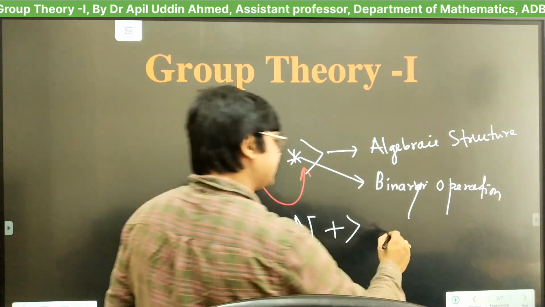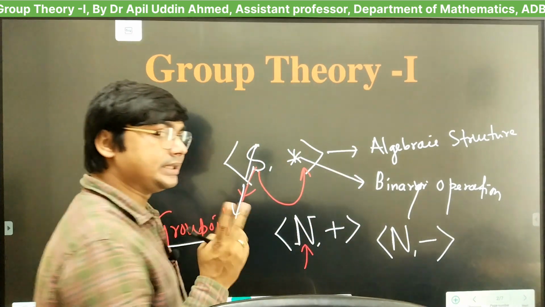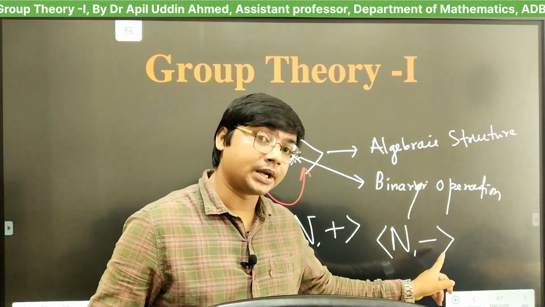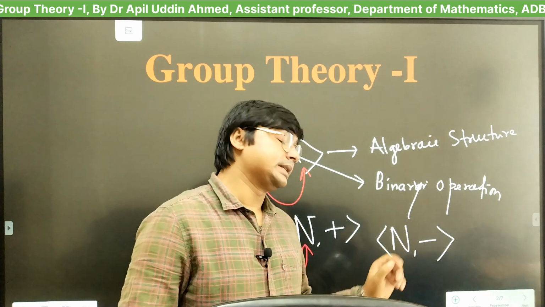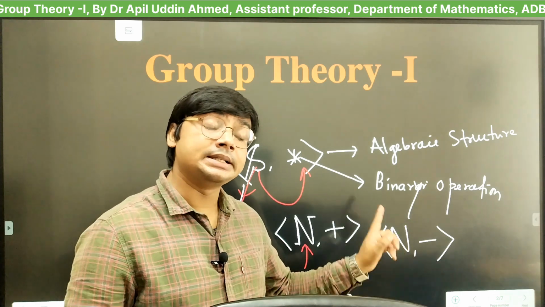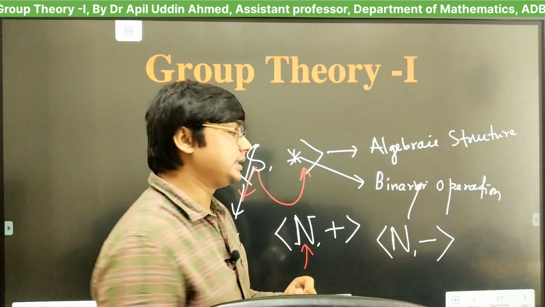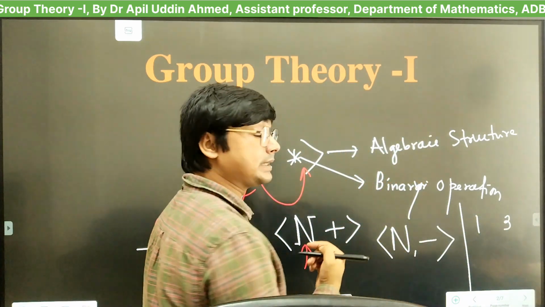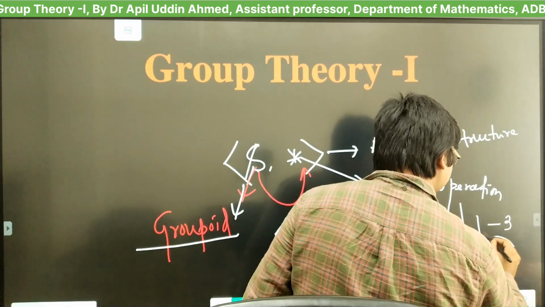But in the case of N and minus, this subtraction operation is not binary on the set N, because the set of natural numbers is not closed with respect to subtraction. Suppose we consider two elements, 1 and 3, from the set of natural numbers, and if we subtract them, we get minus 2.